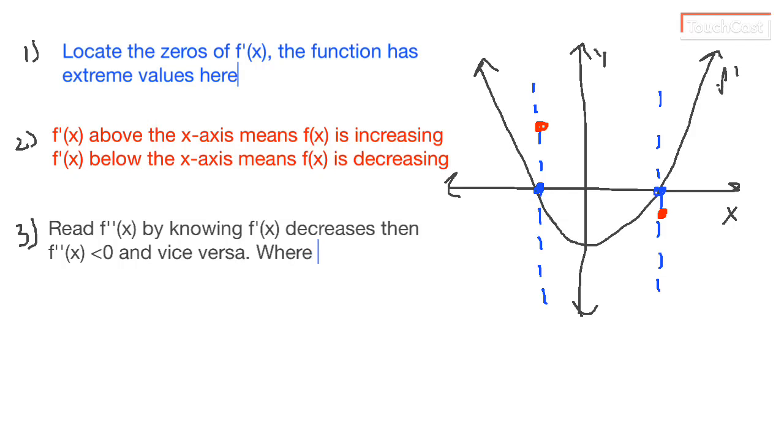And where the first derivative has a slope of 0, that means that the function might have a point of inflection.